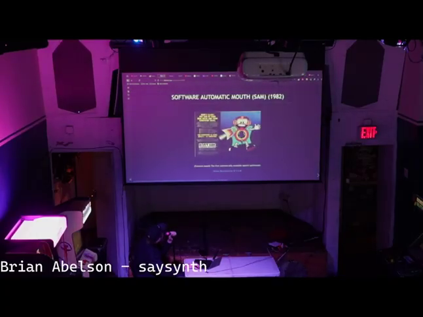This is the first really commercially available speech synthesizer that was built into the Commodore 64 and the Atari and the Apple II. It's called SAM. The cool thing to notice is that it allowed the user to control the pitch and the speed and the inflection.